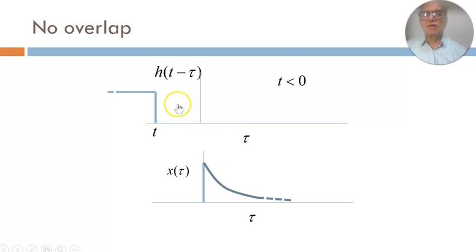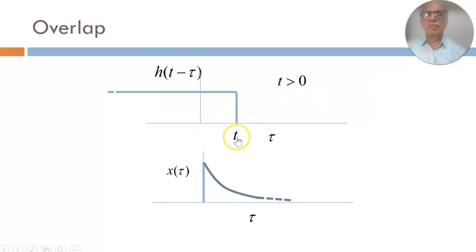All right, so what we'll do is we'll now increase this time to a point where both the functions start overlapping. So let me show that diagram to you. So now t is greater than 0, and now you will find that this is the time period from tau equal to 0 to t. In this range the functions are overlapping, and note that this impulse response here has a value of 1.